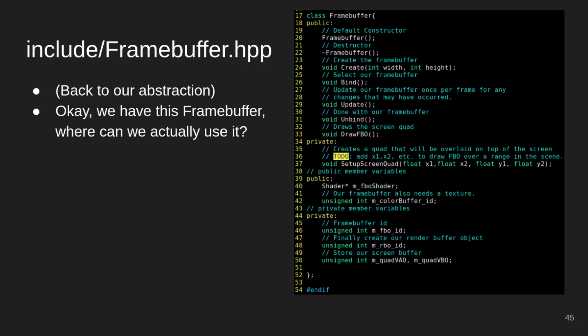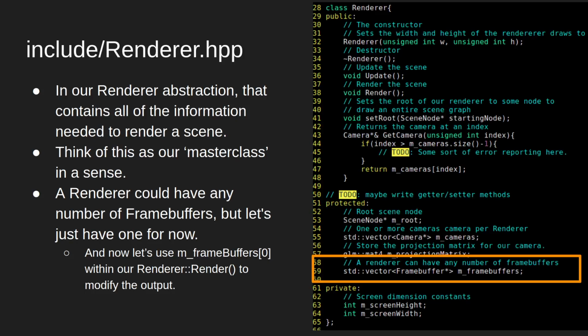All right, so we have this frame buffer. Where can we actually use it? Well, we have a renderer abstraction as well. So in the support code, we have a separate renderer class.